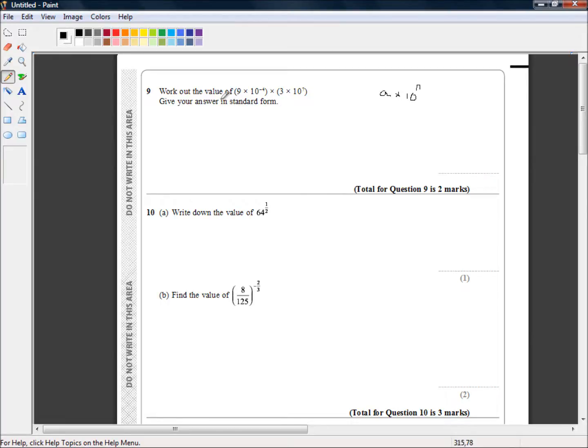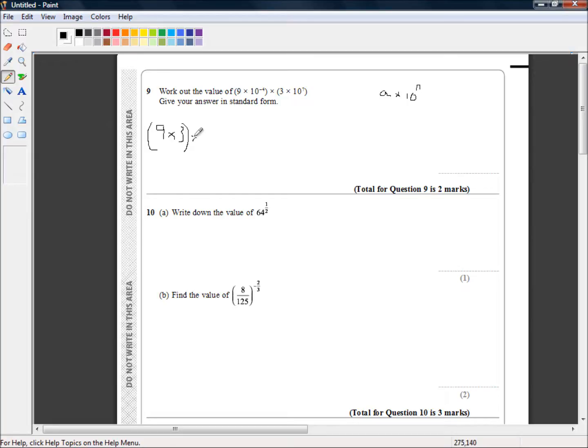Okay, so let's start off with our multiplications here. Everything is multiplied, so we can use the associative and distributive properties of multiplication, and we can say that this is the same as, since everything's on the same priority, we're okay to say 9 times 3.